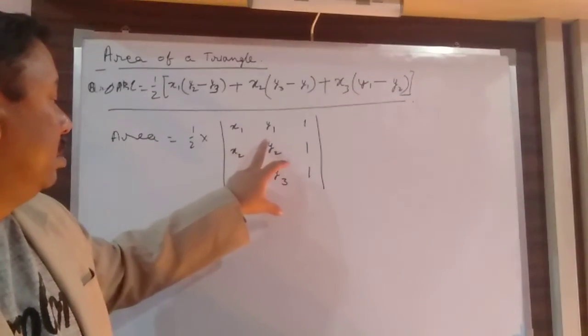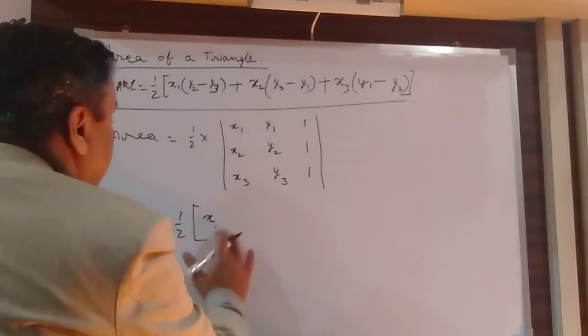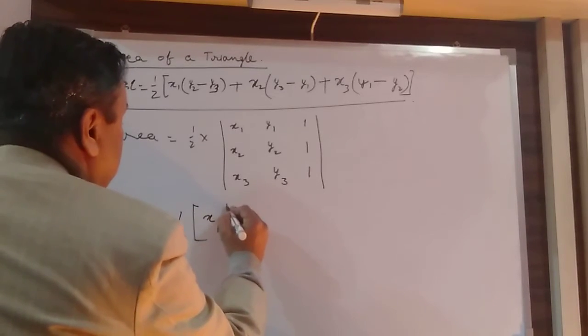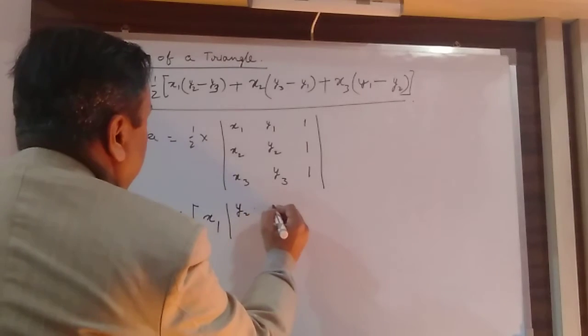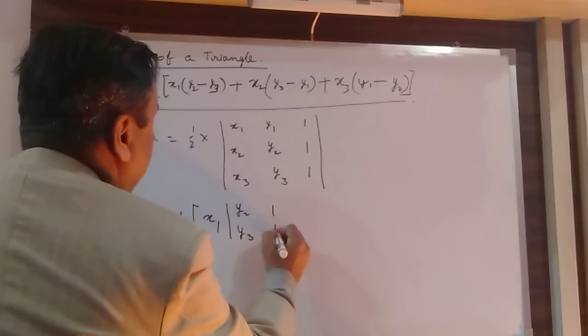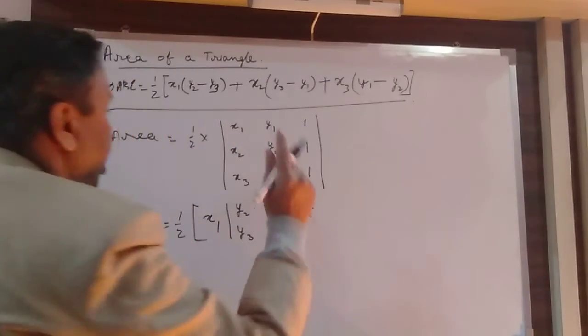What is remaining? y2, y3. I can reduce this matrix like this: y2, 1, y3, 1.